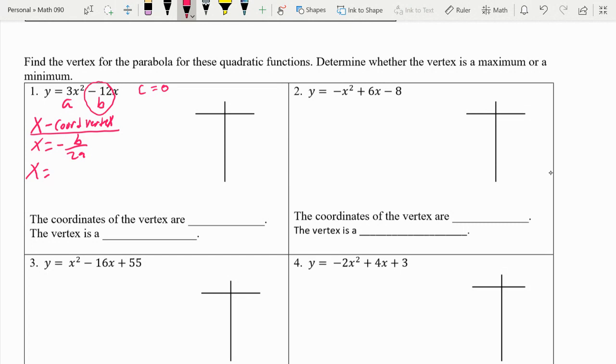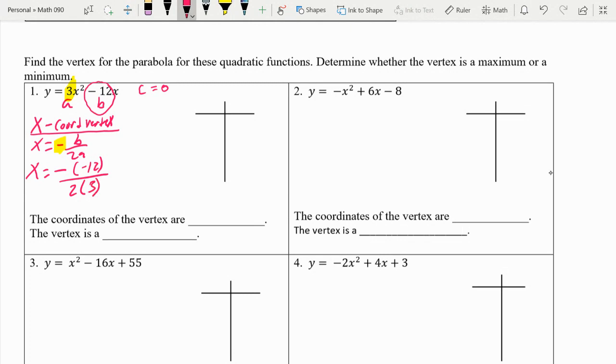B is negative 12. I have this negative right here, and I have to remember that negative, don't screw that up. Then negative 12 all over 2 times whatever A is. A is 3.